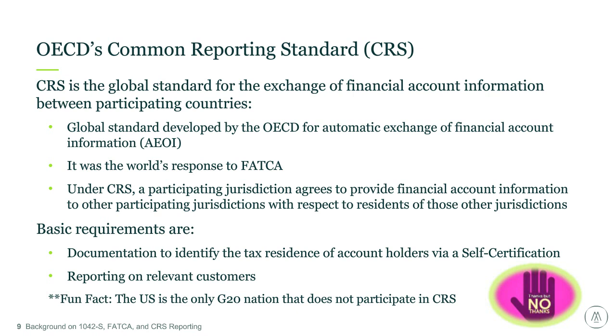So after FATCA was established, basically the world said, wait a minute, IRS, we're telling you everything. We're disclosing, you have all these requirements on us. We have these new compliance obligations. We want to know this information. We want to know where our residents are putting their money. What if they're hiding their money?